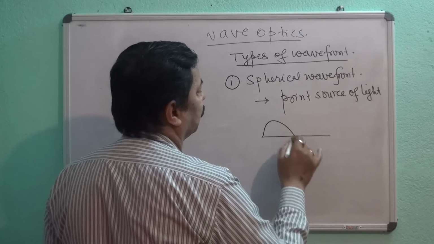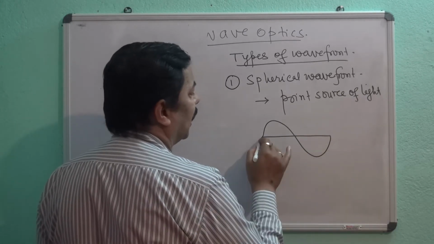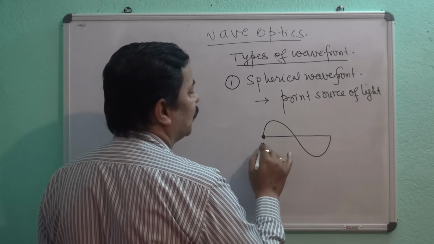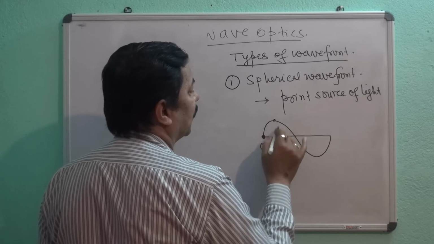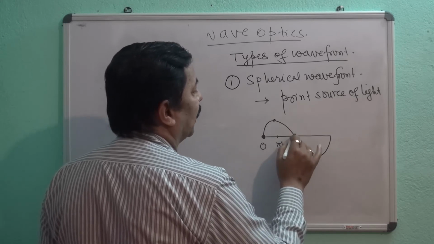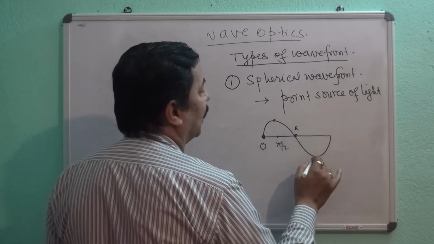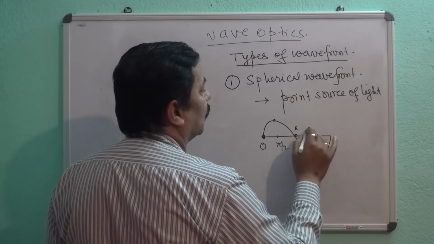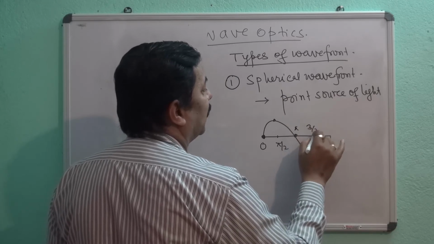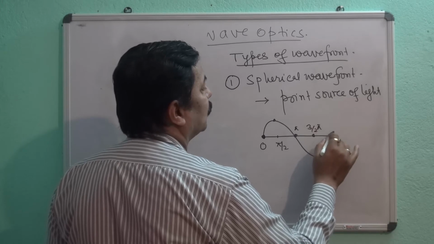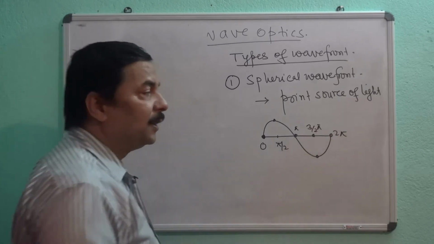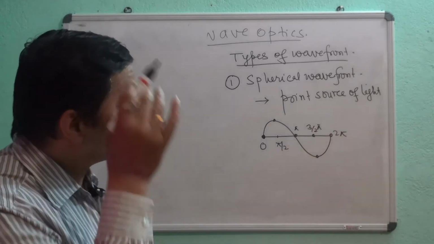Here you see, this is the wave. Here the phase is 0. At this point, the crest, it is pi by 2. Here it is pi. Here it is 3 pi by 2. And here it is 2 pi. Generally the representation of a wave in terms of phase is this.